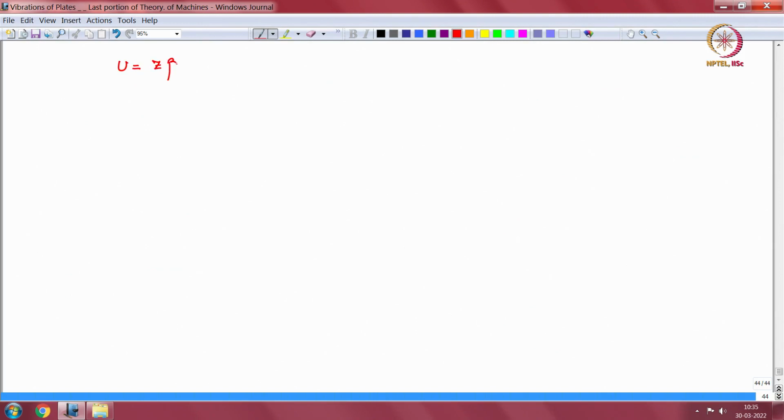This we have brought in, so that my axial strain is z times del beta by del x. And then what is my shear strain? That is equal to del u by del z plus del w by del x, which is beta plus del w by del x. Here for the first time we set shear strain to 0.